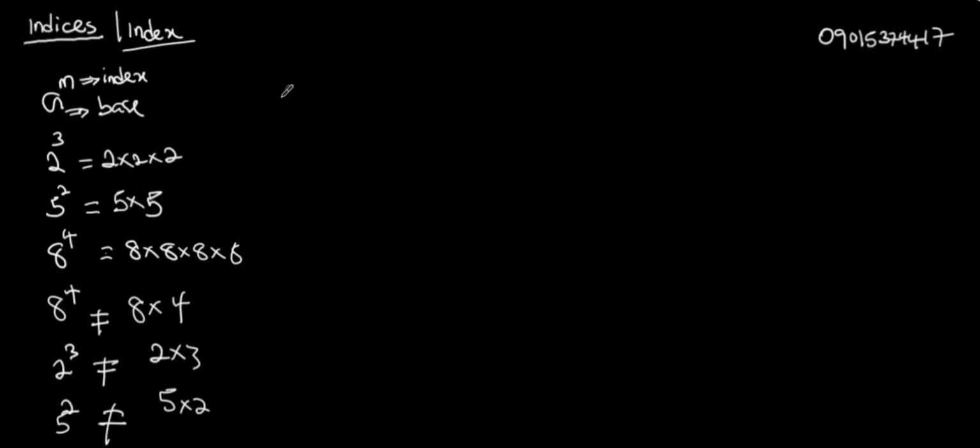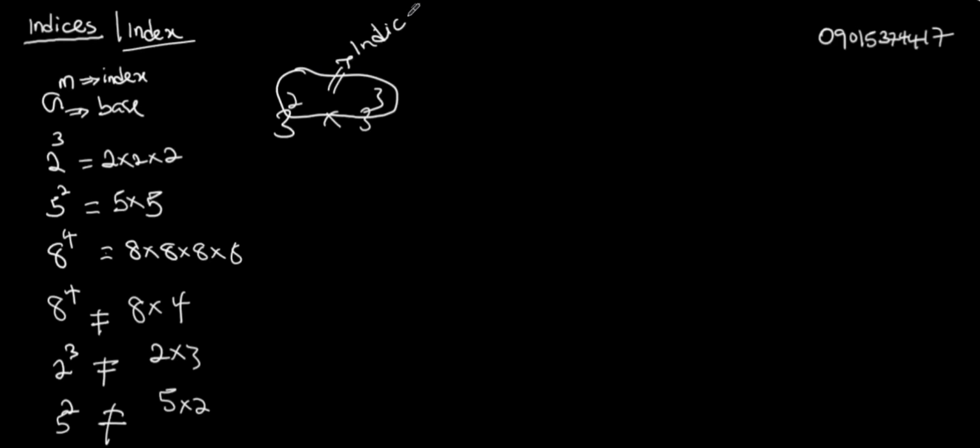So if I have, for example, 3 raised to power 2 multiplying 3 raised to power 3, we have a base with one index, we have another base with one index. The combination of the two index, which is now indices, is what formed the plural form of index, which is now what?